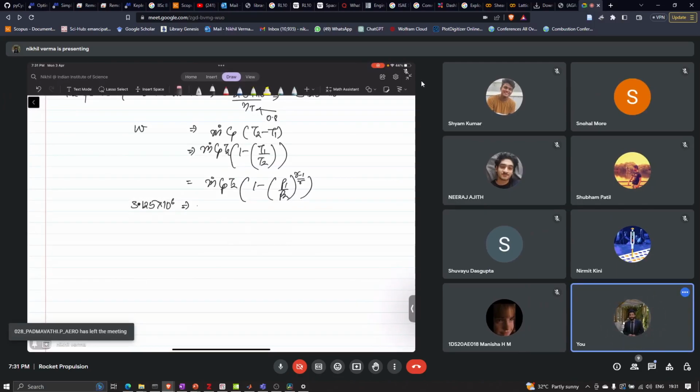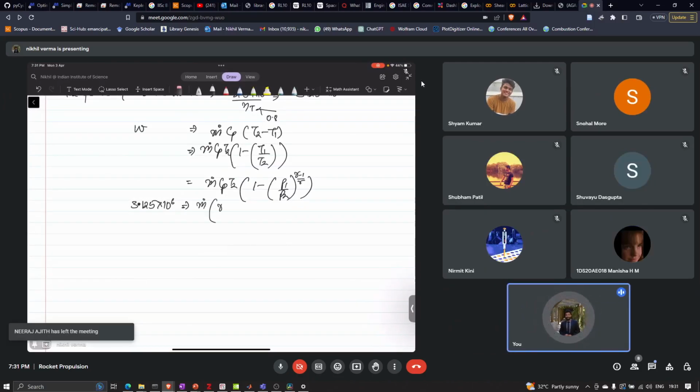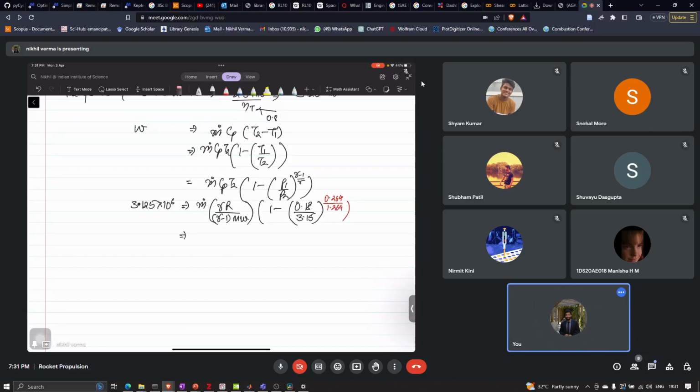Then Cp can be calculated as gamma R by gamma minus 1 into the molecular weight. This is 1 minus 0.18, and the pressure is also given. So this is 0.264. This is 1.264. So let us calculate the Cp.